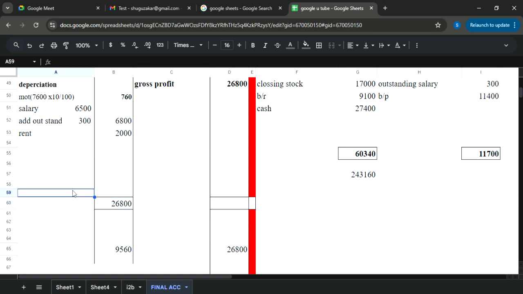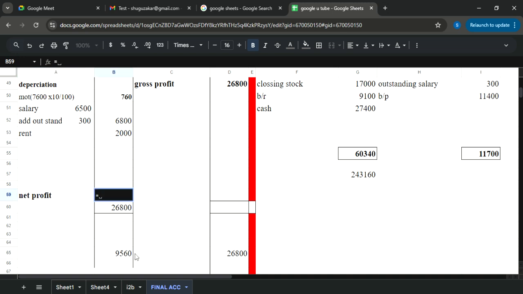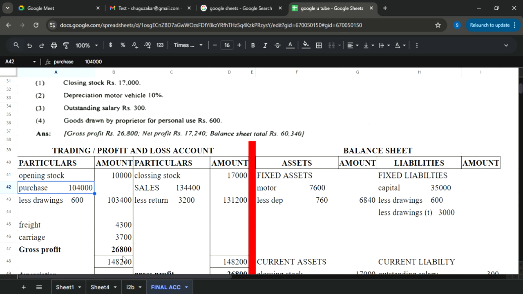Then you will choose the smaller side. Income is more than expense, so it is your net profit. How would you calculate? By subtracting the smaller from the larger sum. The larger sum is 26,800 and the smaller sum is 9560. So you have got 17240 as your net profit, and you can check the answer, 17240.